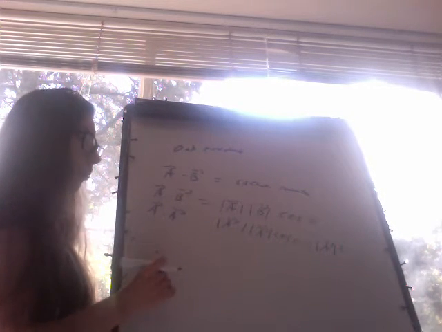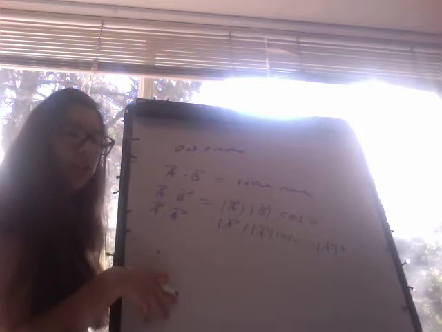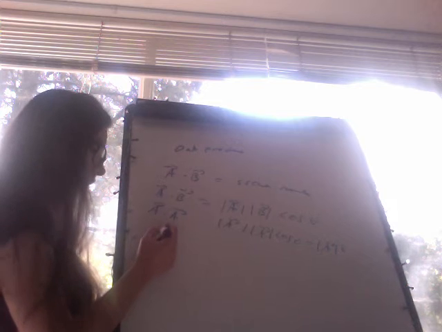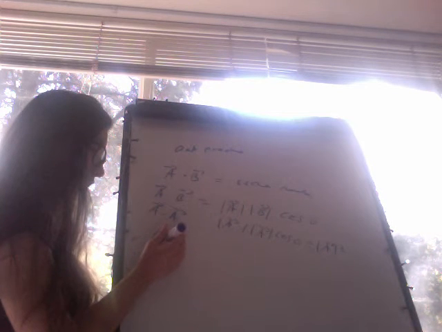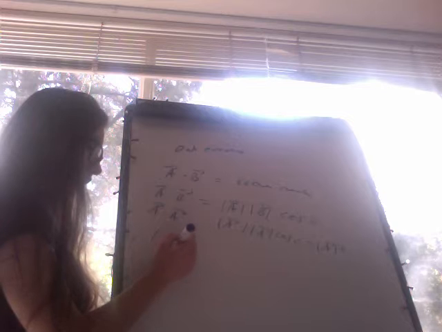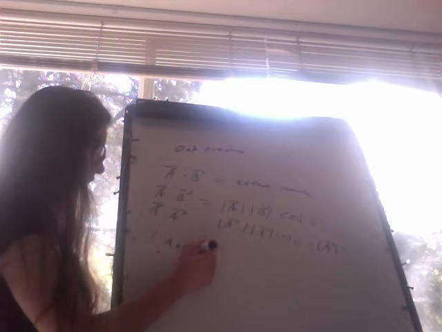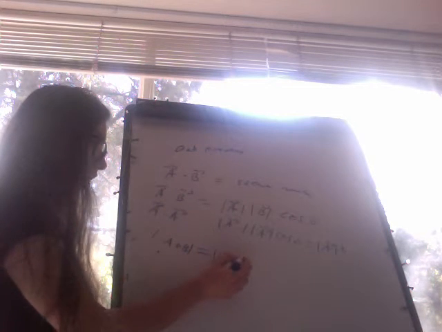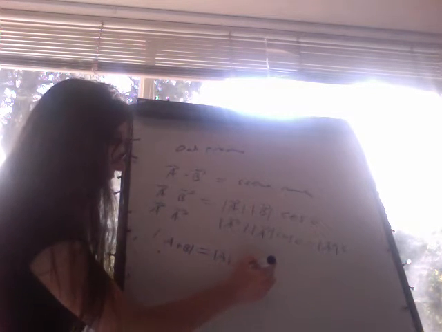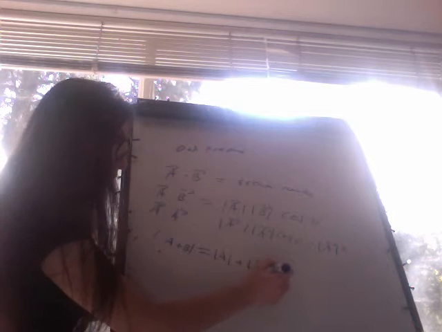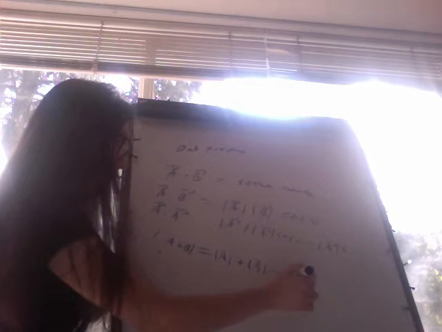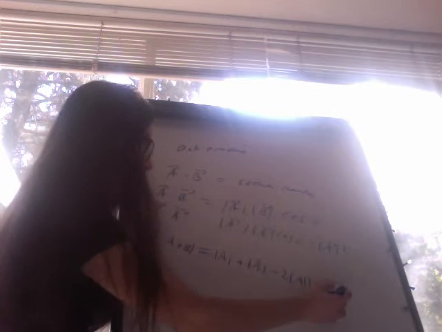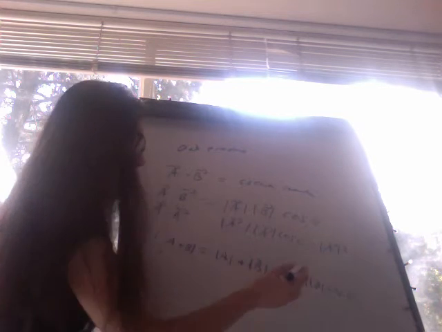Next, let's see if we recall the cosine law. We have that the magnitude of A plus B squared is equal to the magnitude of A squared plus the magnitude of B squared minus 2 times the magnitude of A times B times the cosine of the angle.